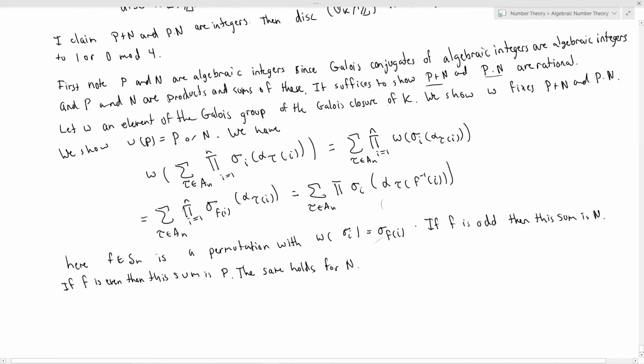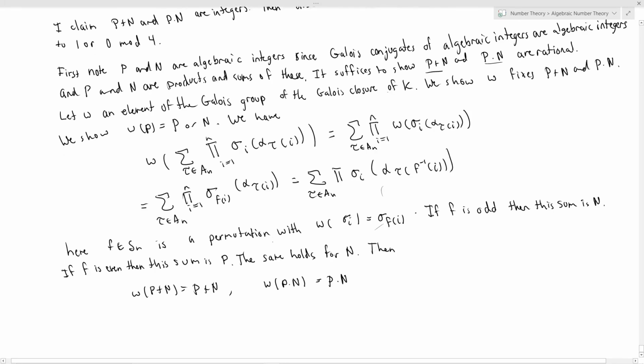And then basically the result follows. Then omega of P plus N equals P plus N, and omega of P times N equals P times N. It's not possible that omega fixes P and also permutes N to P, because omega has to be a bijection.